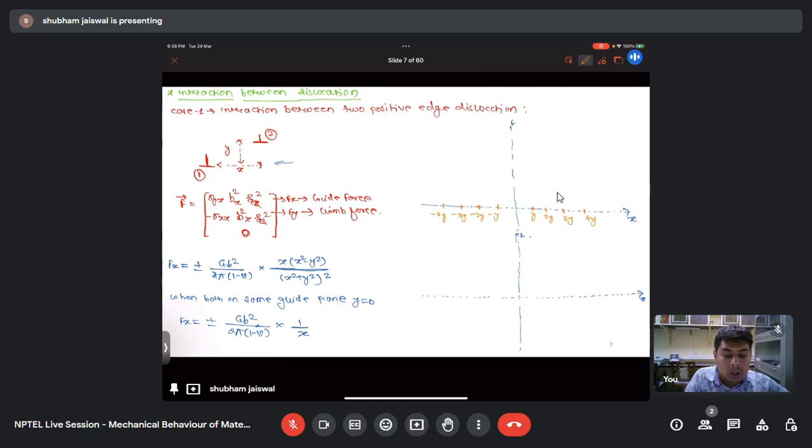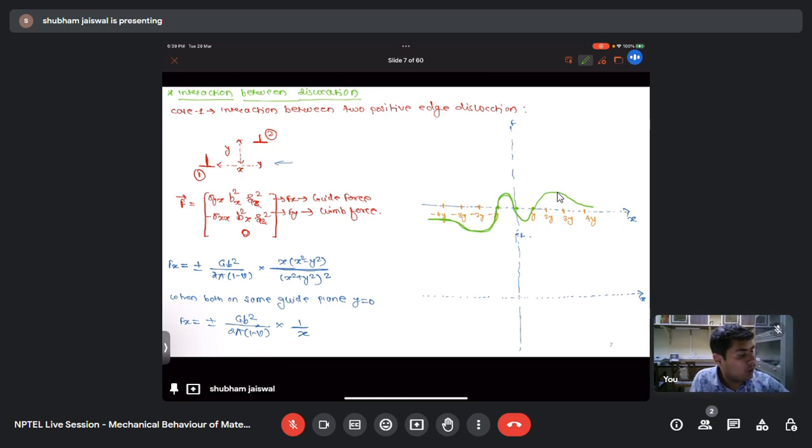If I consider both of the same nature, at x equal to 0, the force will be 0. Similarly, at y equal to 0 it is also 0, and at y equal to minus 1 it is also 0. And in between, it will vary. So how will it vary?